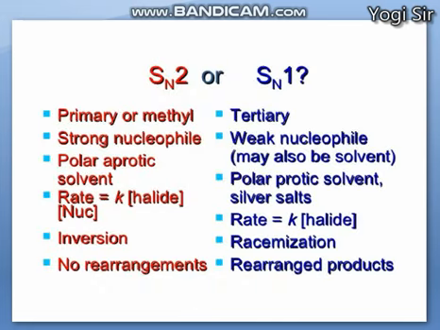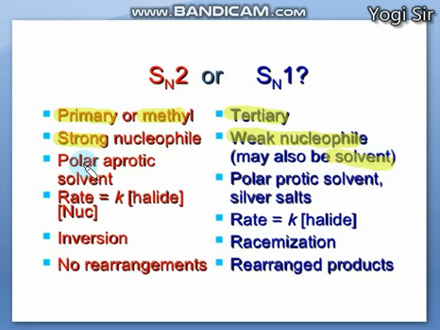Again, here also it shows some of the differences between SN2 and SN1. SN2 is selective for primary as well as methyl halides, while SN1 is selective for tertiary. Same way, in SN2 we require a strong nucleophile, while in SN1 a weak nucleophile may also be used, and may even be used as a solvent, right?